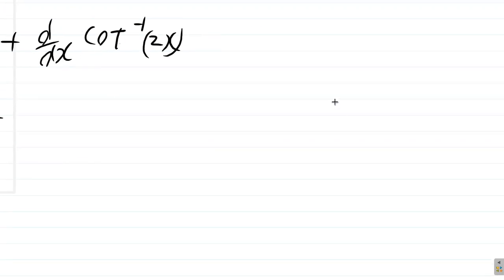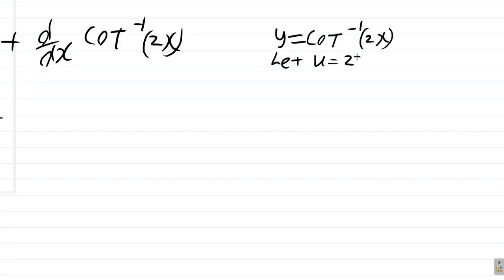Suppose you are given y is equal to cot inverse of 2x. You use a substitution. Let u be equal to 2x. So therefore, y is equal to cotangent inverse of u.